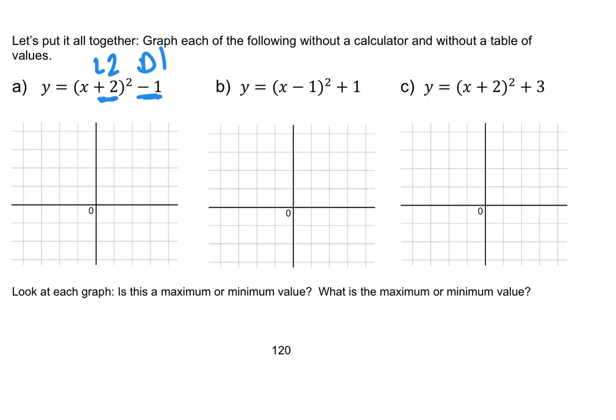So let's go ahead and start at 0, 0. We will go down 1 to the left 2 and put our vertex. Now how do we know to go up 1 over 1?